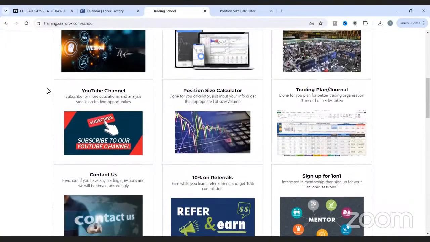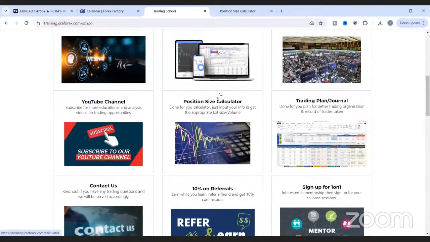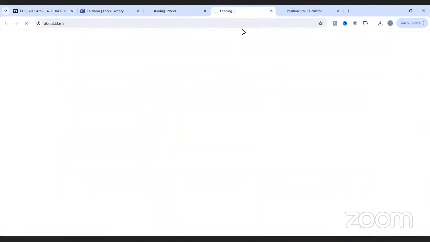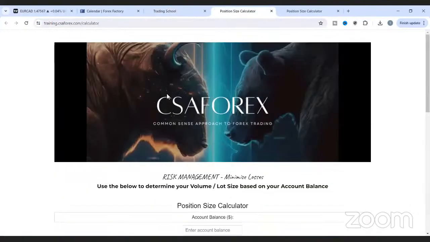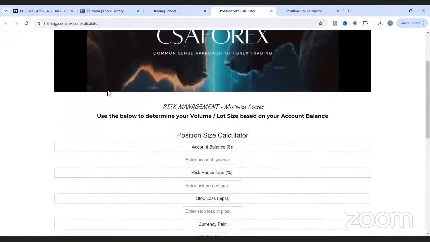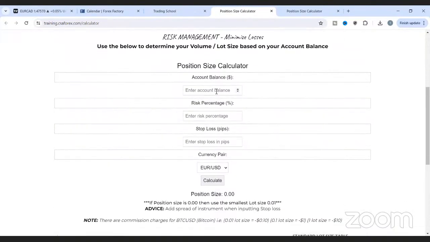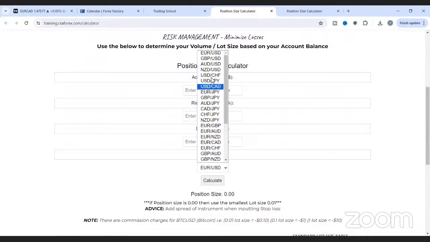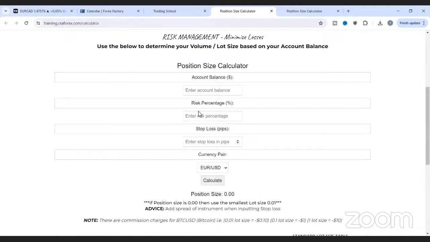So you could always come here, position size calculator, click on it, and then you have this over here, where you can calculate your risk appropriately, your volume, your lot size, based on whatever instrument that you have over here. I put the majors first, then the minors, and gold and Bitcoin. So these are majorly for currencies because there's a calculation to it.